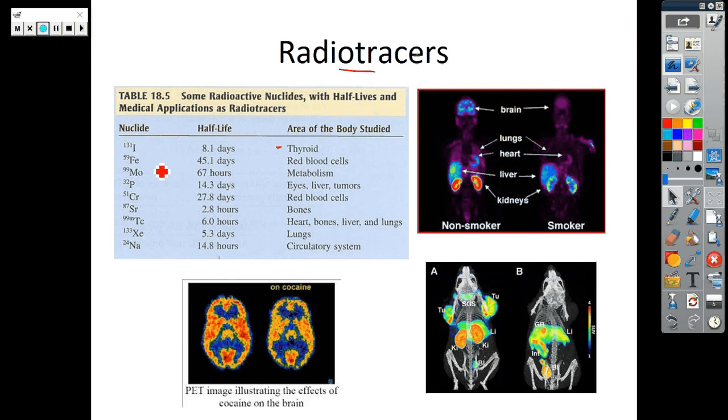Then you scan for the radiation being emitted from that iodine, and that thyroid gland may light up like a Christmas tree.